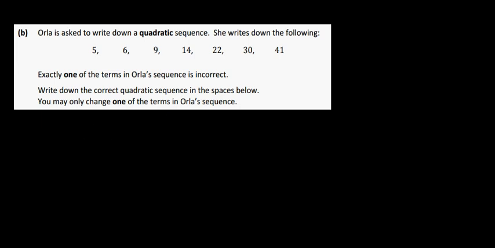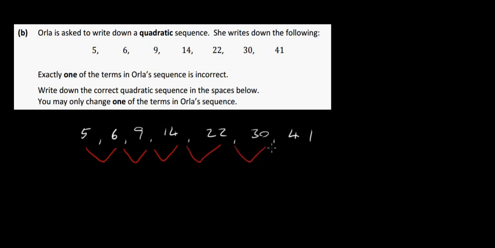So let's have a look at them. You have 5, 6, 9, 14, 22, 30, and 41. Now, if this is a quadratic sequence, usually the way we do this is we look for the first difference, and the second differences should all be the same.